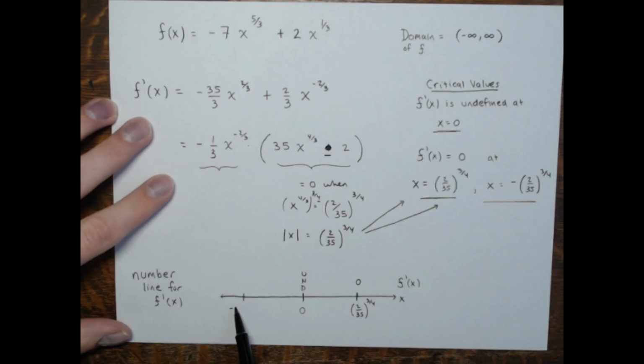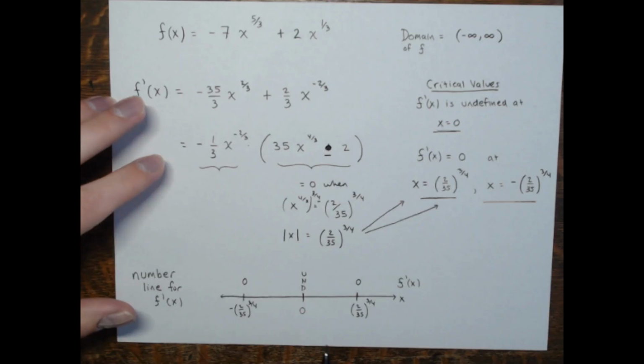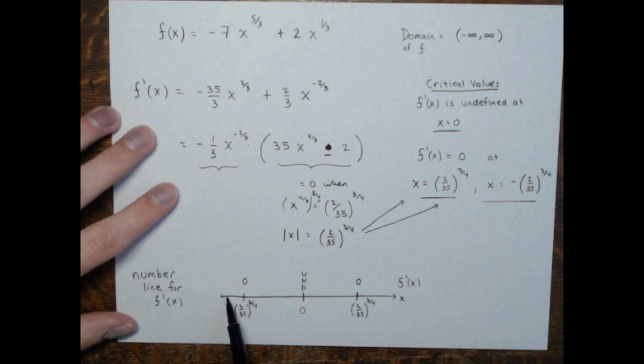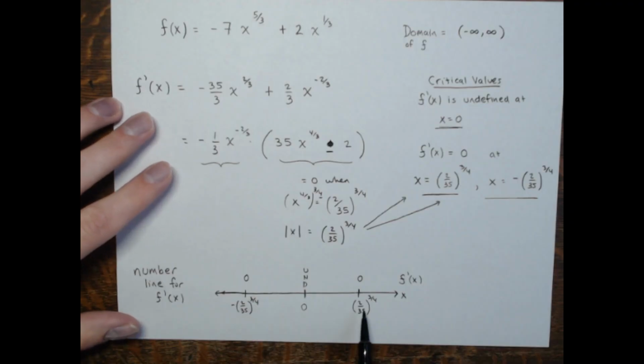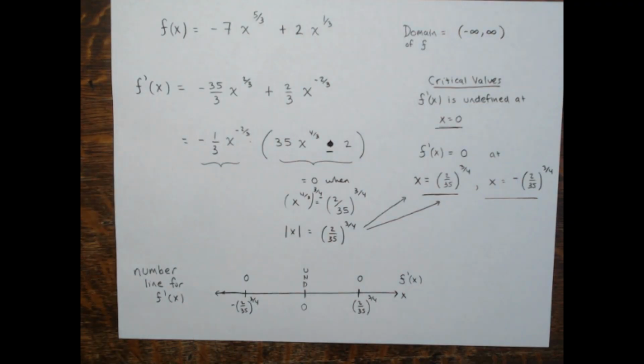So over here, negative, and then 2/35 to the 3/4 power. The value of the derivative is 0. All right, so I'm actually going to go to a calculator and see what these values are approximately.